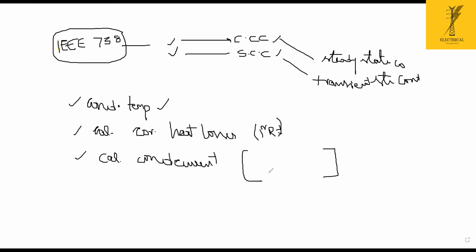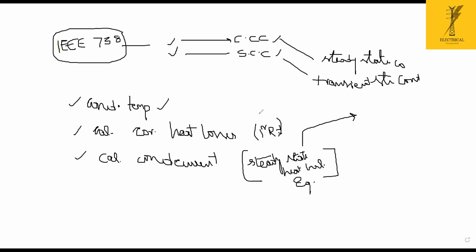That equation we will call a steady state heat balance equation. By using this steady state heat balance equation, I am calculating what is the current flowing in this conductor. What is this steady state heat balance equation? Generally, in a simple way, what is happening?